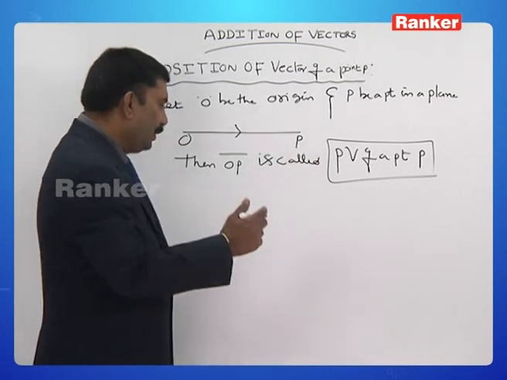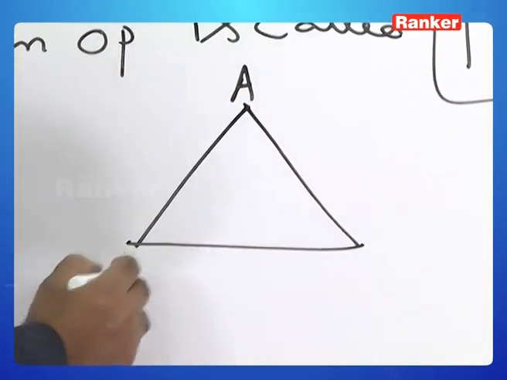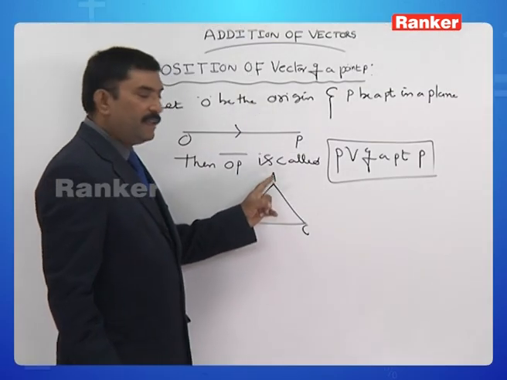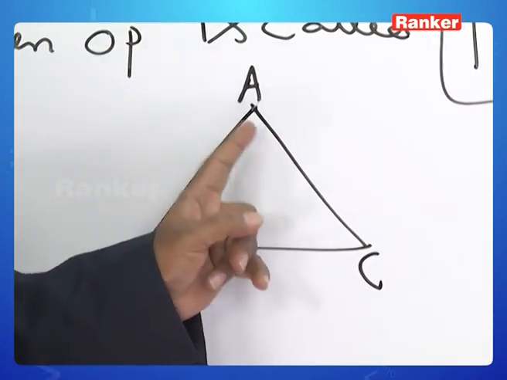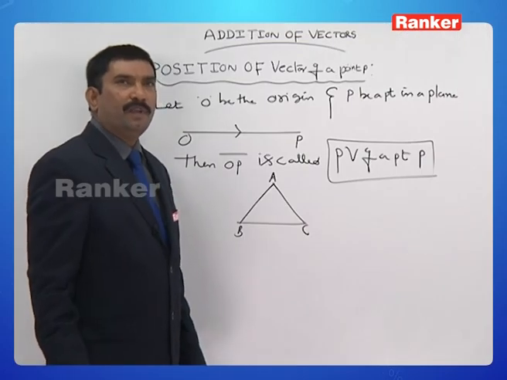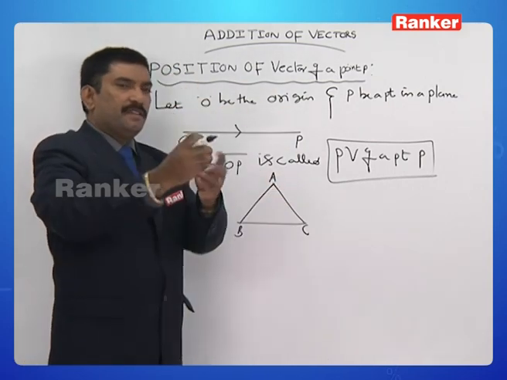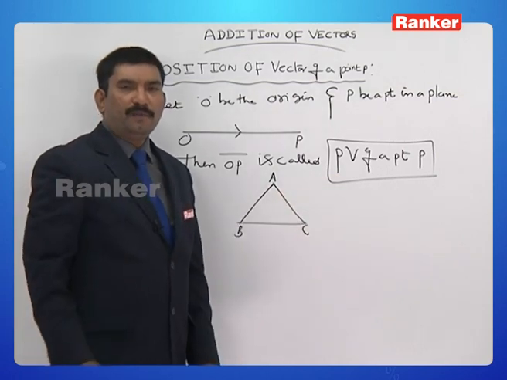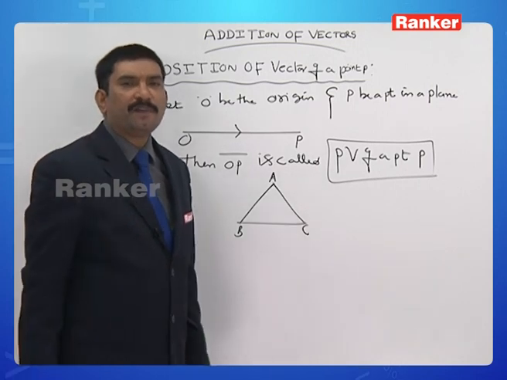Say for example, if we go to a triangle, this is A, this is B, this is C. These vertices are represented with position vectors of a point. A is a point. These points are represented with position vectors. Where is O? You take this O. This is OA, this is OB, this is OC. O is a free vector. When there is no restriction for selection of the initial point, that is nothing but a free vector.